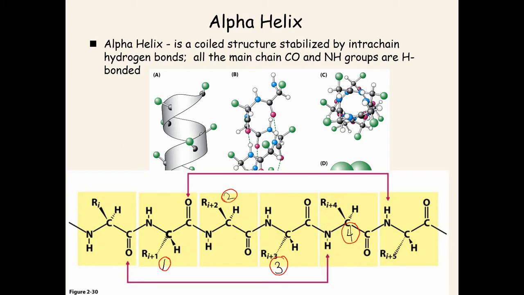And so there's hydrogen bonding between this C double bond O and this NH. And that's shown here by these dashed lines. That's the hydrogen bonding.